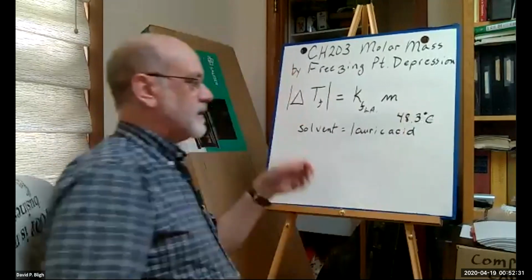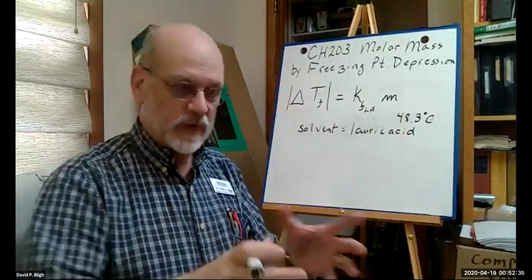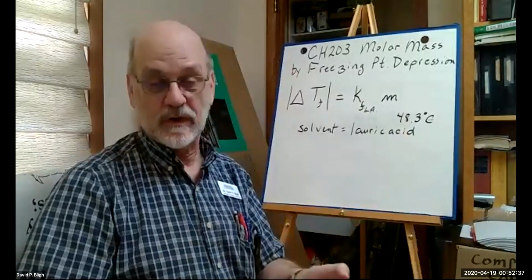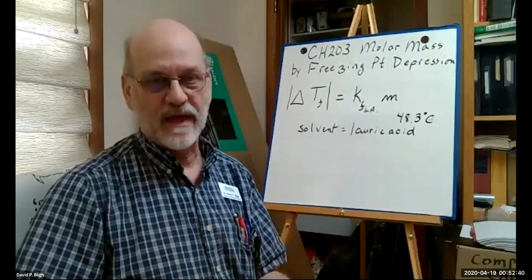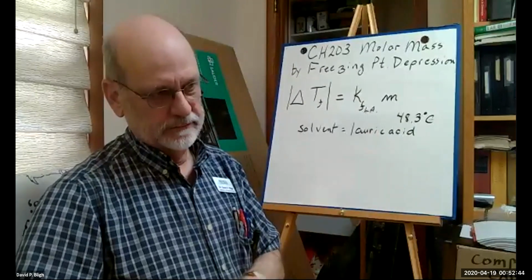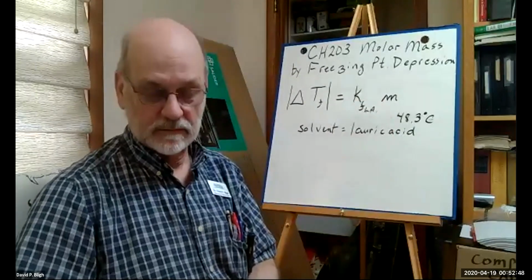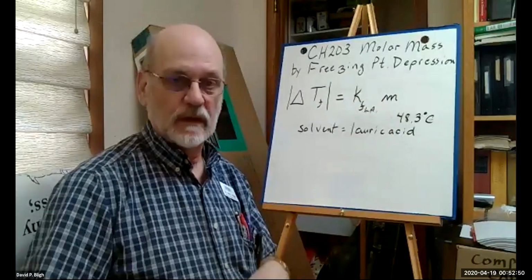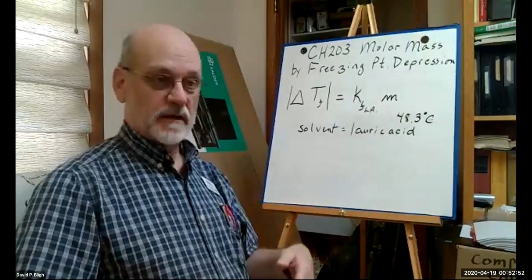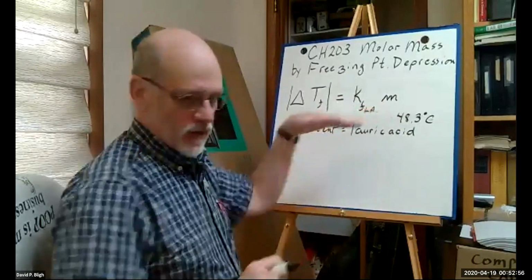So 48 degrees centigrade is well within the range that we can develop easily in the laboratory. All you need is a boiling water bath. You can put your lauric acid in a tube and stick it in the boiling water and it'll melt. It'll become liquid. I'll go through those details in just a minute. Let's get this out of the way first.